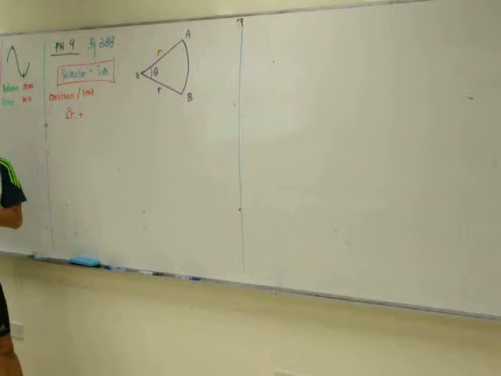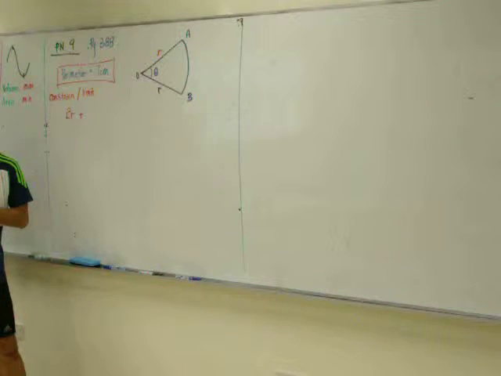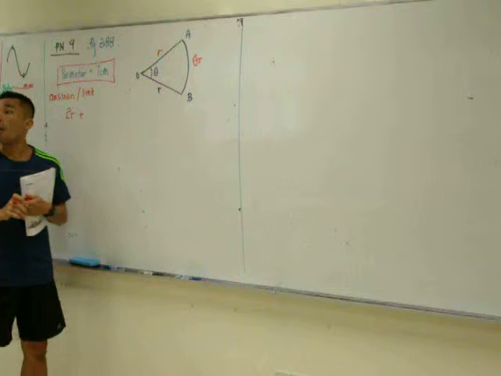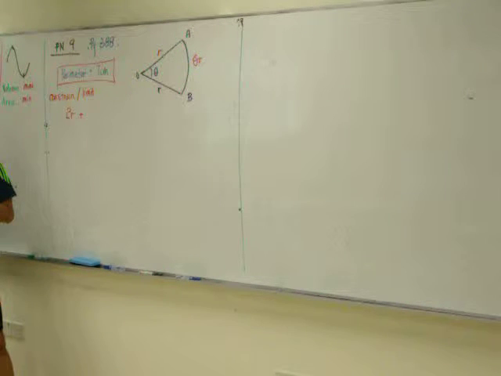If you remember, the formula for finding arc length is theta. You learned last year, can you remember? The formula is theta r. For area of a sector is half theta r square or half r square theta.